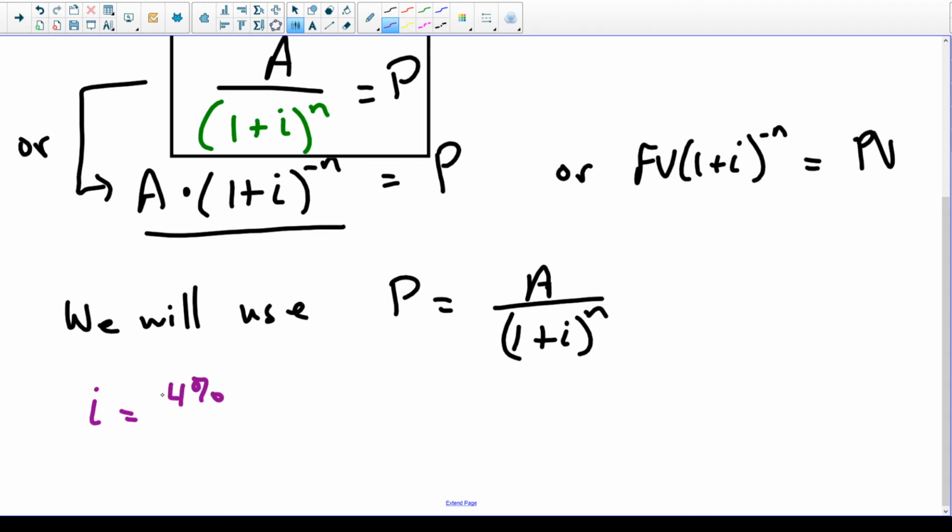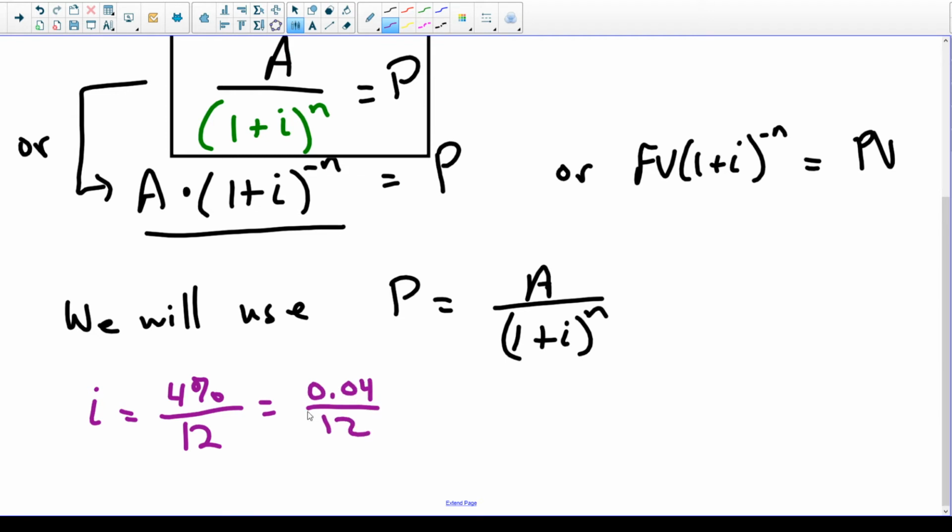Just a reminder, I'm going to repeat this often so that it really starts to sink in. If you're getting 4% per year, that's at the end of the year, all of your little interest payments throughout the year add up to 4%. But we're compounding it monthly, which means we get a small chunk of that 4% every month. So we have to divide 4% by 12. Now 4% is 0.04 divided by 12.